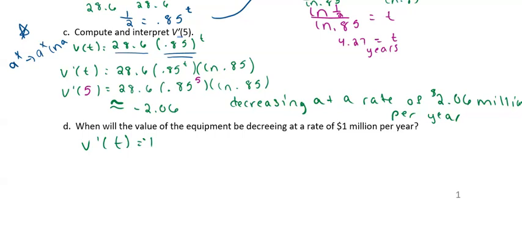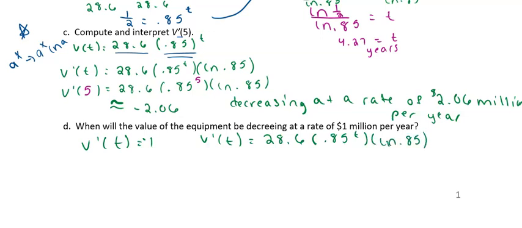So we have our negative 1 going back to our original equation. So our original equation said v prime of t is equal to 28.6 times 0.85 to the t times the natural log of 0.85.